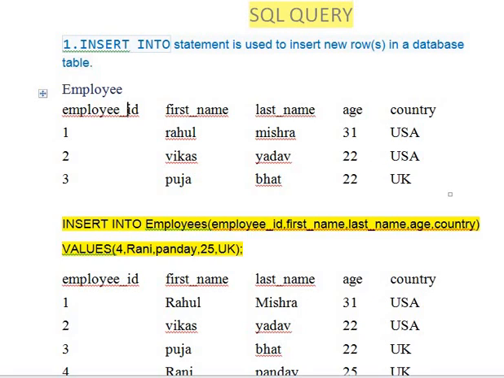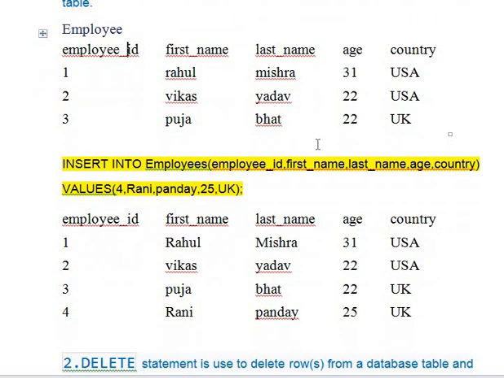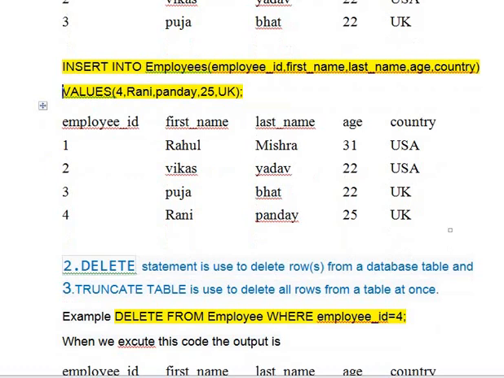Okay, so when I use this SQL query, INSERT INTO employee, employee_ID, first_name, last_name, age, country, and the values are 4, Rani, Pandey, 25, UK. Okay, so that table will be created, and the fourth row will be inserted: Rani Pandey 25 UK.